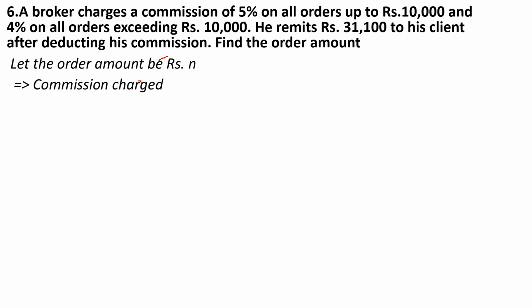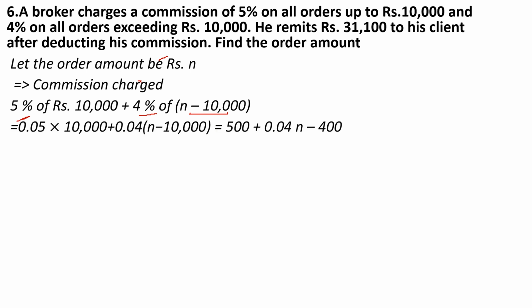Now the commission charged is 5% of 10,000, because up to 10,000 only 5% is the charge. So the remaining amount is how much? n minus 10,000. Upon the remaining amount, which is more than 10,000, he charges 4%. So it is 0.05 of 10,000 plus 0.04 of n minus 10,000.